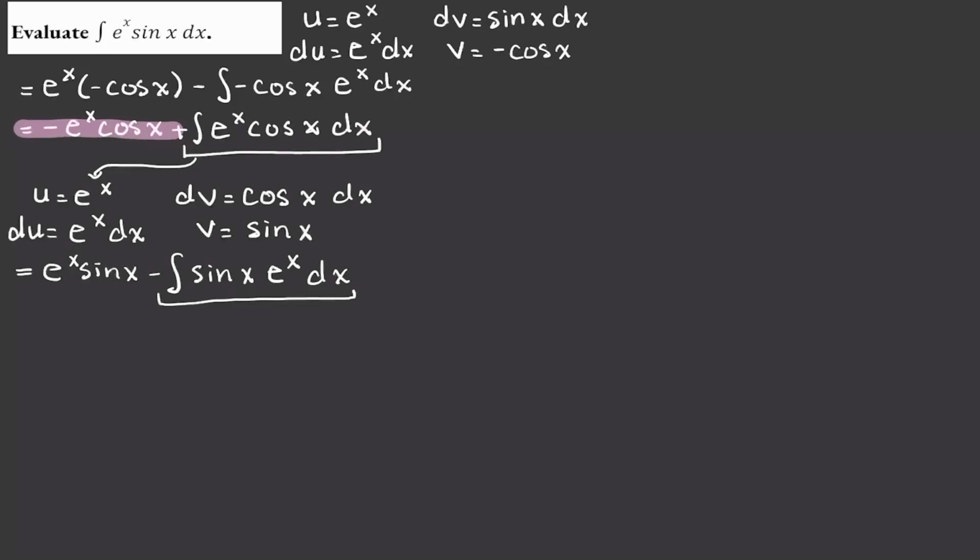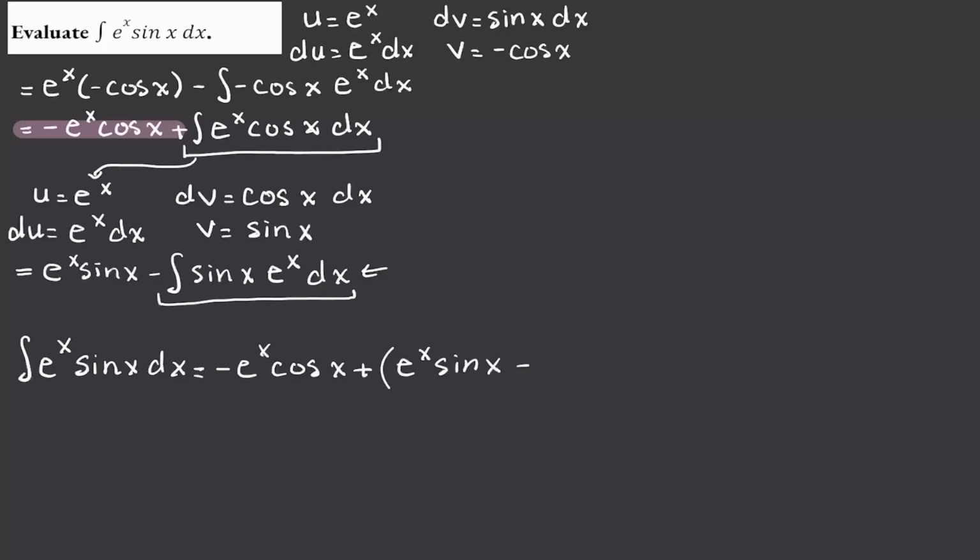Taking this part right here, I will have my equation: the integral of e to the x sine of x dx is equal to negative e to the x cosine of x plus, now I open a parenthesis, and whatever I obtain from the second integration by parts I will put here, which is e to the x sine of x minus the integral of sine x e to the x dx.